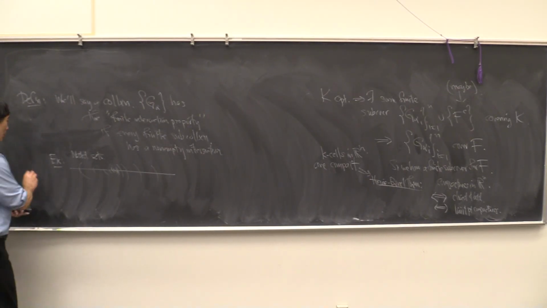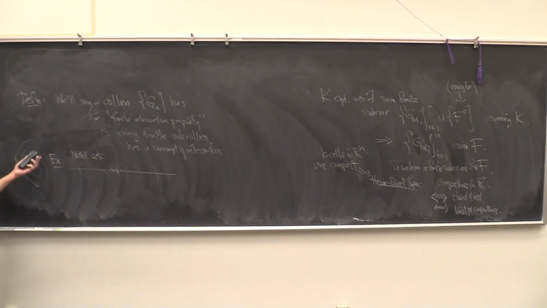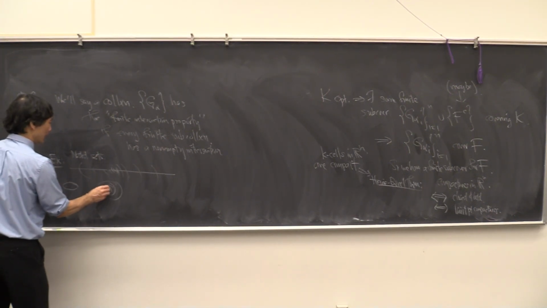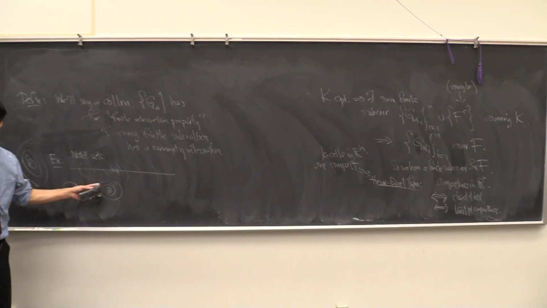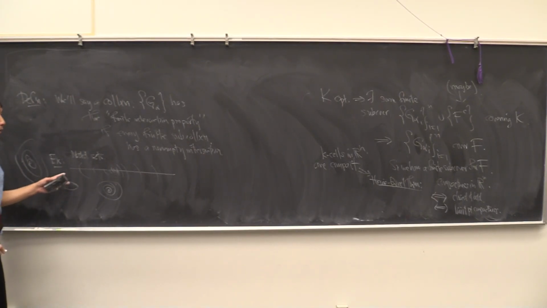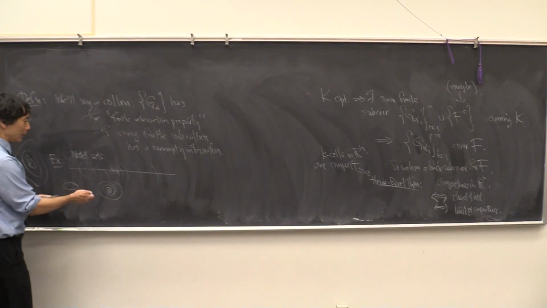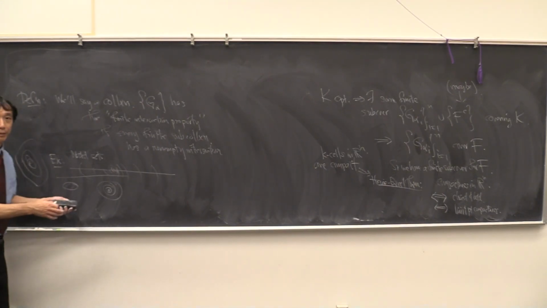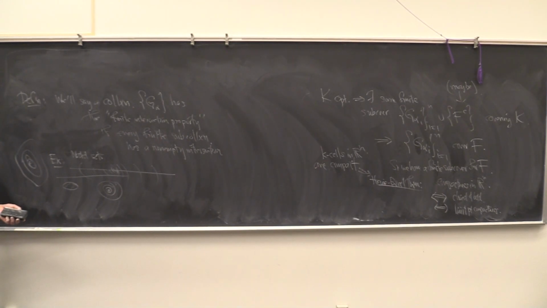If you've got a bunch of sets and they're nested, whenever you intersect finitely many of them, you're just going to get the smallest guy. So these guys have the finite intersection property. But if I have a bunch of nested guys, and then I've got this set over here, well, whenever I throw this guy in, the intersection is going to be empty. So this collection down here doesn't have the finite intersection property.